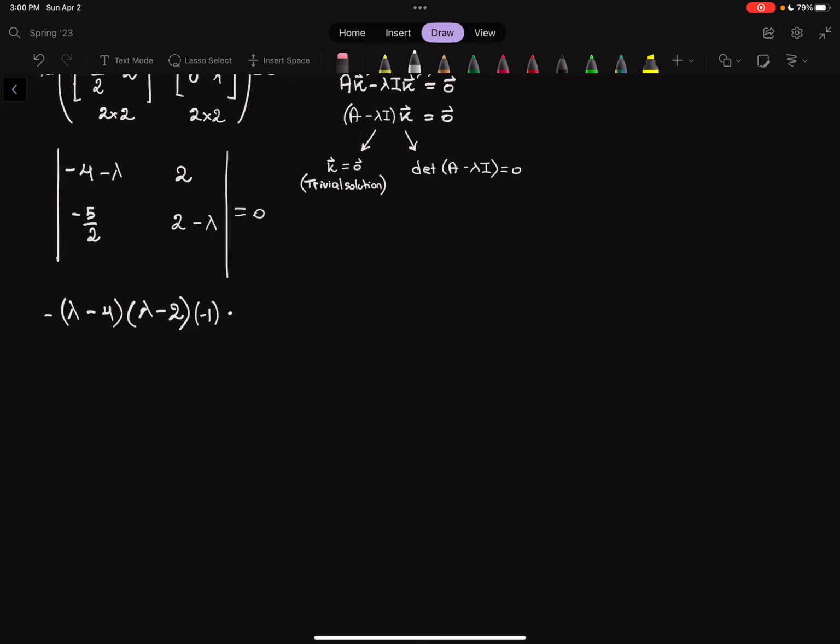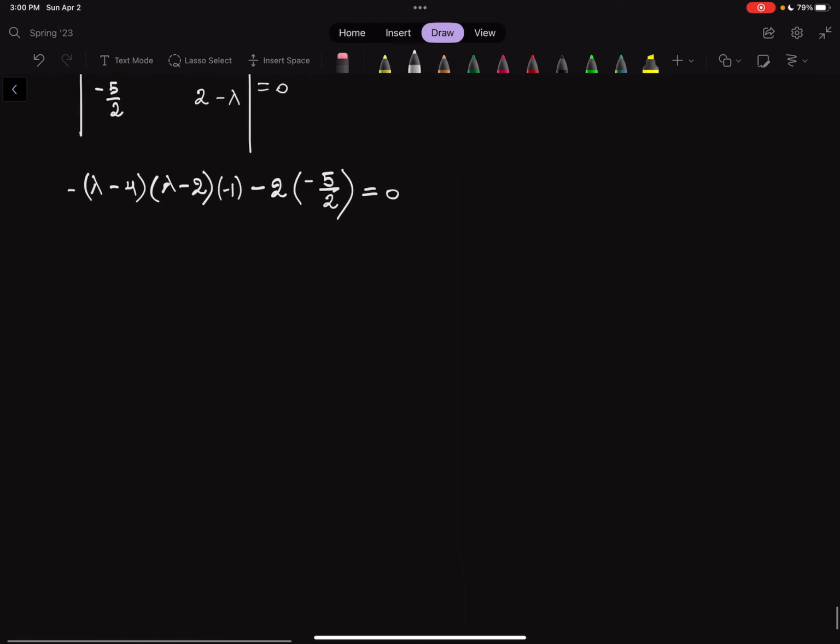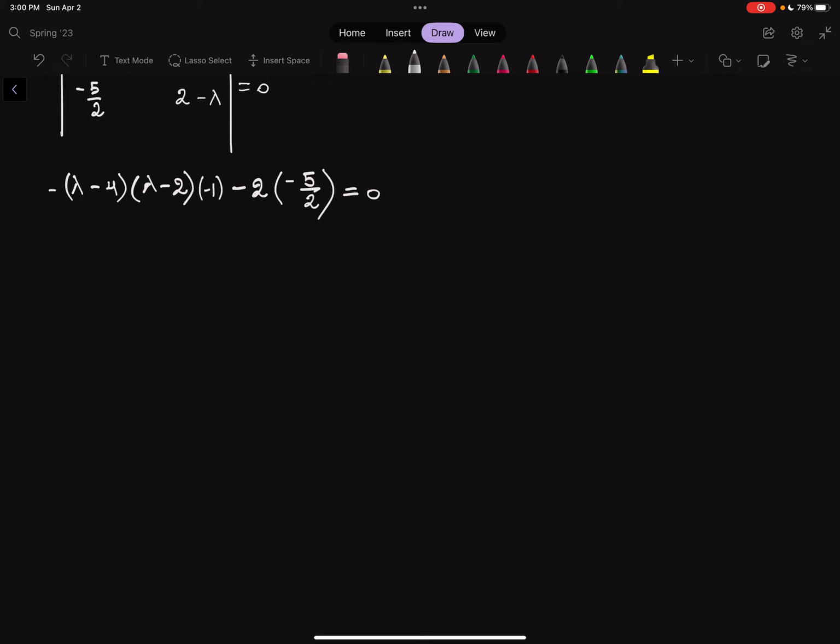And then on the other side, we're going to have 2 times -5/2 right here. And all of this has to be equal to 0. Okay. So now these two negatives cancel out.